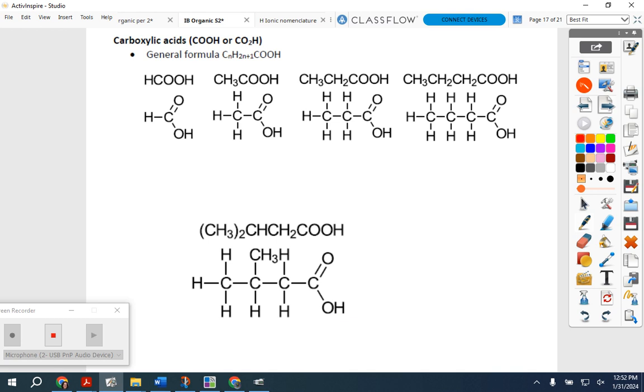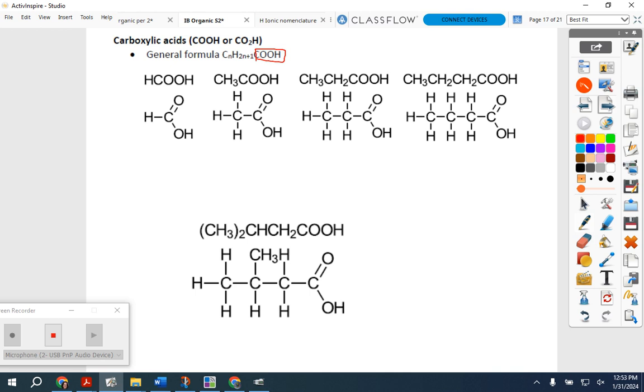Okay, carboxylic acids. So these also have a general formula, and this is the thing that you're looking for in a condensed structural formula that tells you you have a carboxylic acid. It's going to have that COOH at the end. Okay. And this is also going to be pretty straightforward.